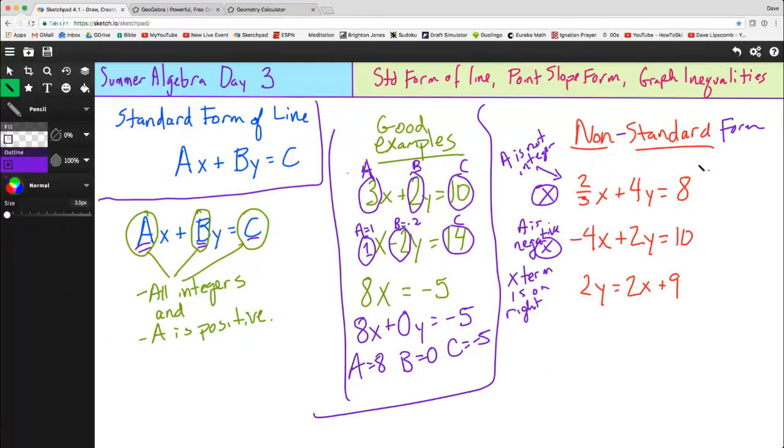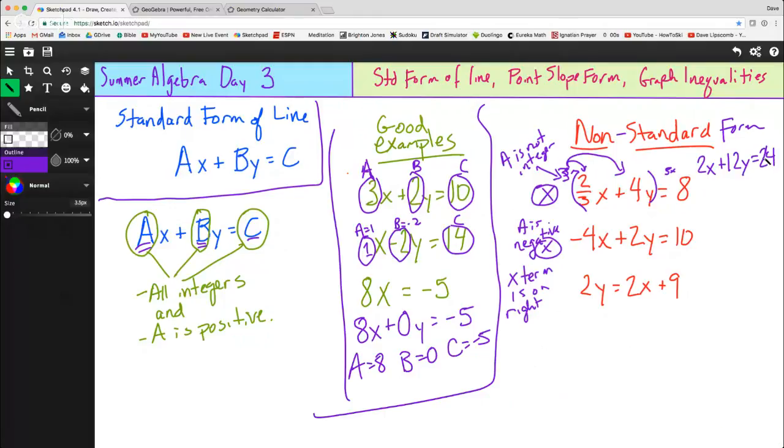So how can we turn this into standard form? Well, we can turn this into standard form by multiplying through by 3. So watch what happens if I multiply both sides by 3, which I can do, and I still have the same equation. I distribute my 3. I get 2x plus 12y equals 24.